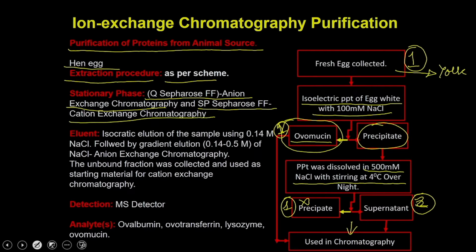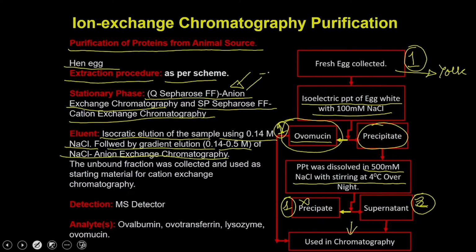First you load the sample onto the Q-Sepharose fast flow, and then you elute with isocratic elution using 0.14 molar NaCl. Following this, you do the gradient elution with 0.14 to 0.5 molar NaCl in the case of anion exchange chromatography.